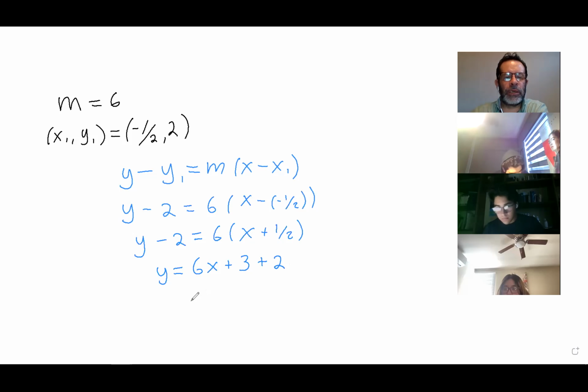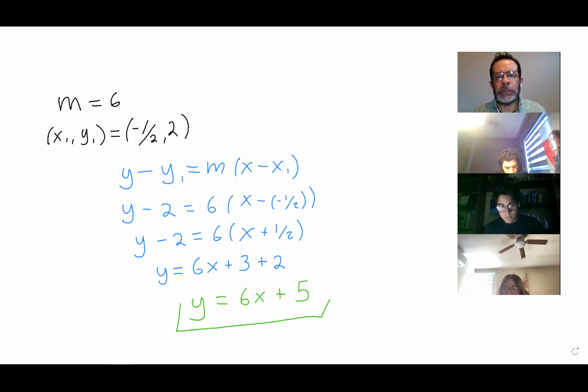And in the end, we're going to get an equation which is y equals 6x plus 5. And this would be the equation or mathematical representation of that line using the point slope representation or equation. Okay.